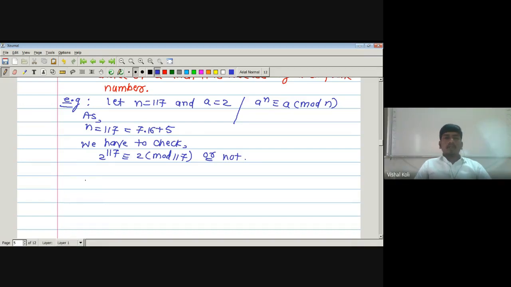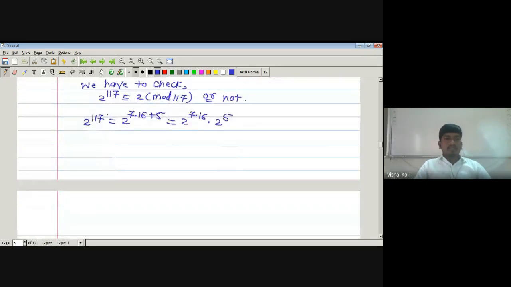So 2 to the power 117 is nothing but 2 to the power 7 into 16 plus 5, that is 2 to the power 7 into 16 into 2 to the power 5. Now first find out 2 to the power 7.